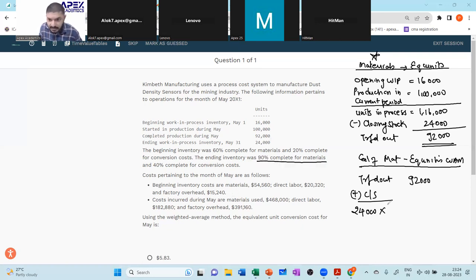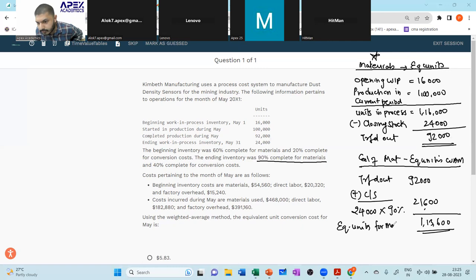It is 90% completed. 24 nines are 216, so this will be 21,600. You can check. So 21,600 plus 92,000. What is your answer? 1,13,600. These are your equivalent units for materials. I hope, Haripriya, you are getting this answer. I'm constantly following up with you. If you're not getting it, you have to tell me. I will teach you.